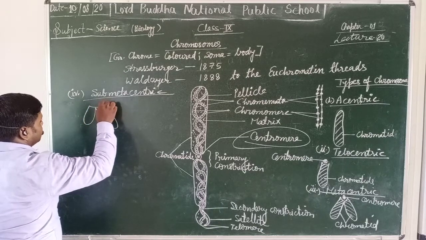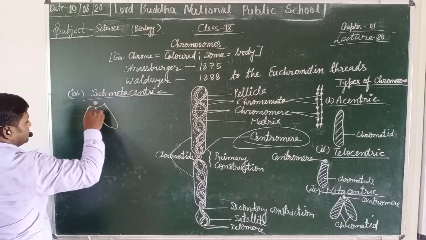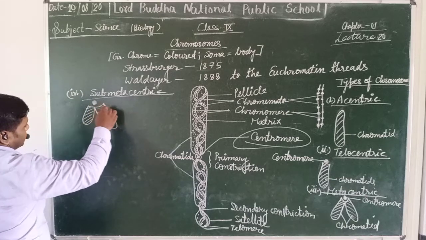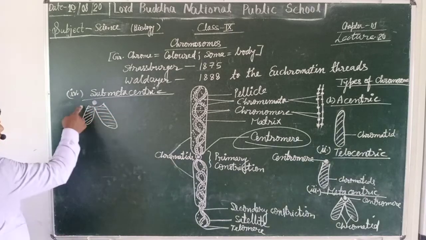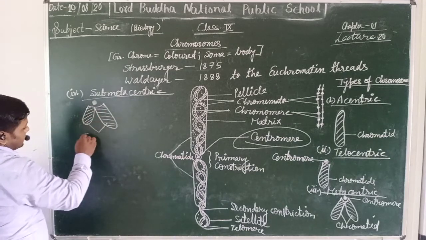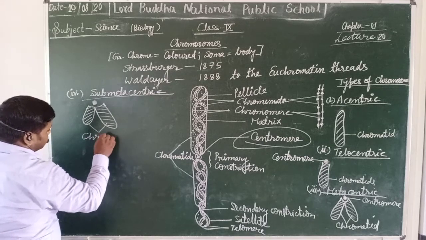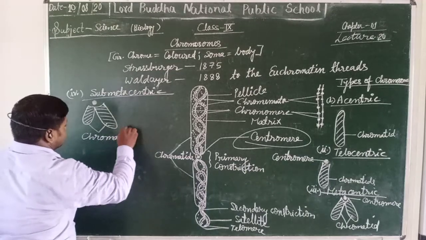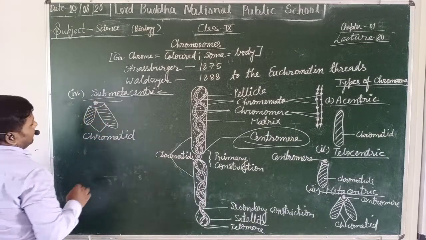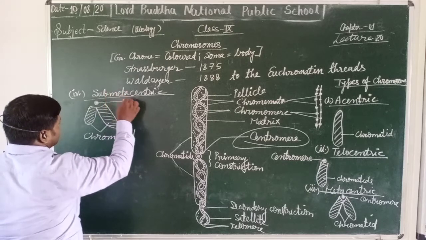That's why this is called submetacentric. Here we can very well notice that one of the arms is quite smaller than the other arm. That's why this is called submetacentric, because the centromere is present just aside of the middle between the arms.